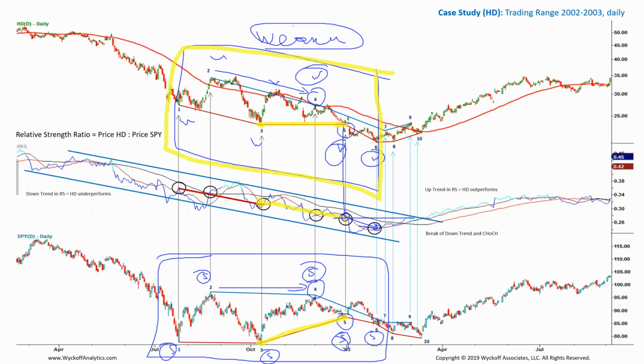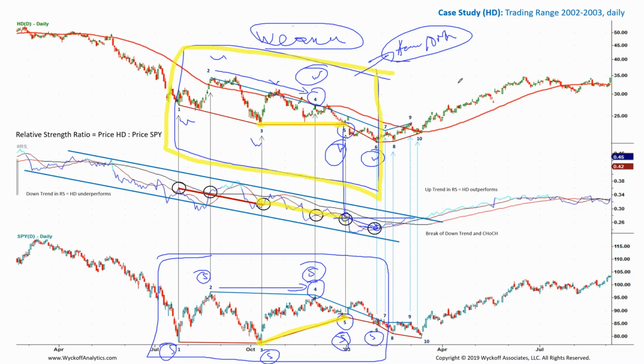So therefore, let me ask you this question. Does it mean that this is an accumulation or a distribution? Great question. Tricky question, very tricky question. Just looking at the chart, you could potentially be in both.